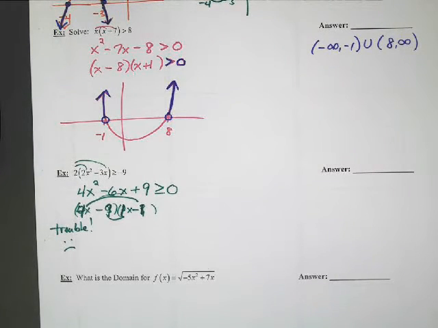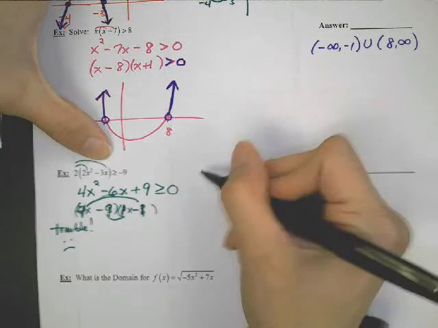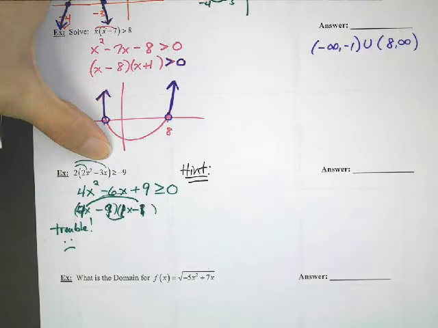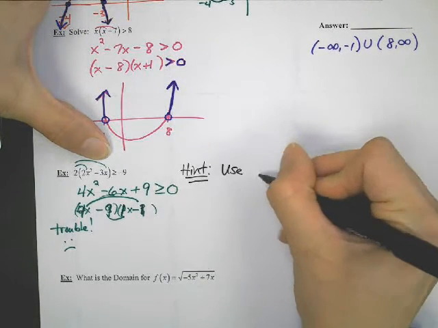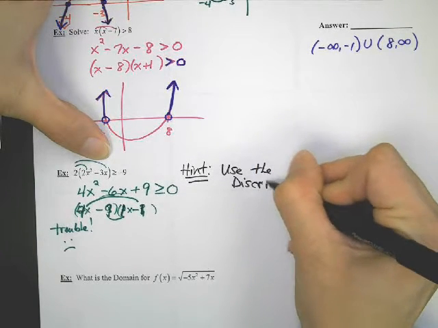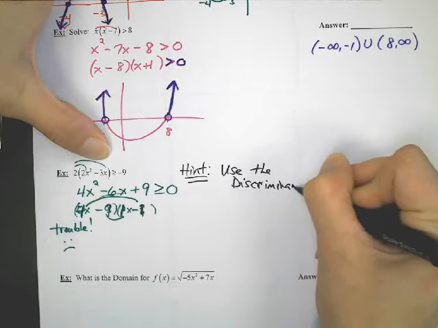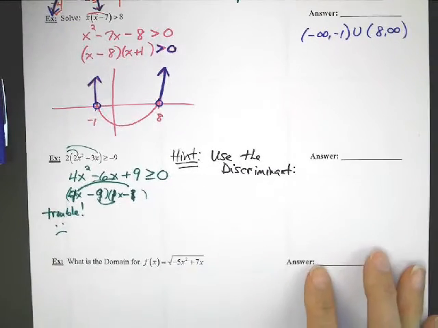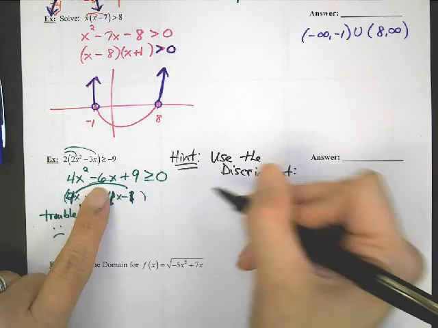Because I'm kind of tired, and I don't know how much time I should spend on my test trying to factor. Here's a hint for people that are wasting too much time on the test. Use the discriminant. What does the discriminant tell us? How many x-intercepts something has. Let's do a little test here.